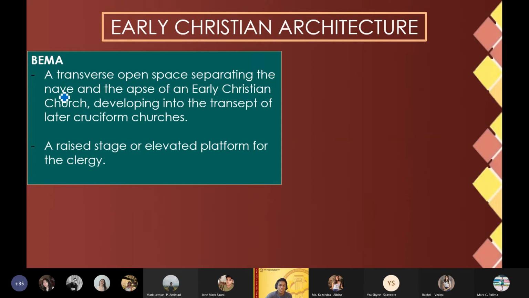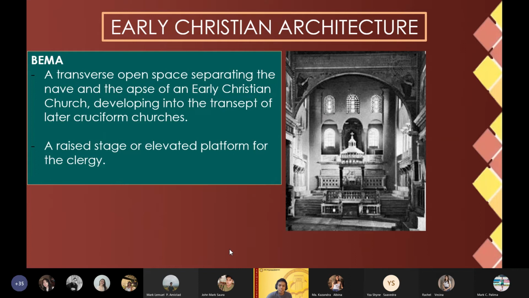So again, bema is a transverse open space separating the nave. The nave is our main pathway, another term is main aisle, but the correct term is nave. The apse is the part in the east of an early Christian church, developing into the transept of later cruciform churches. So for example, what is the bema?